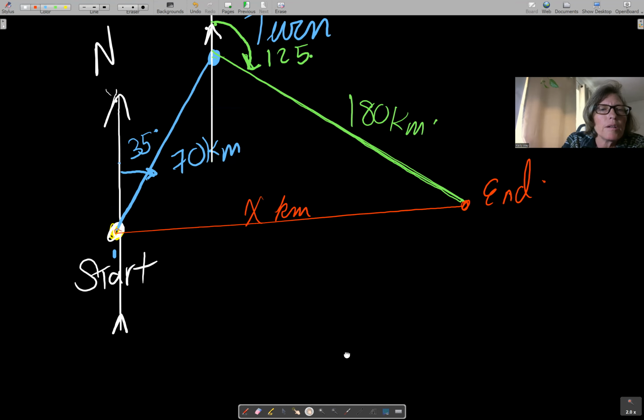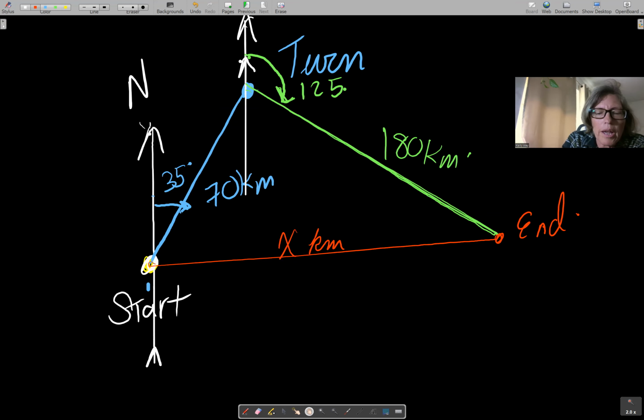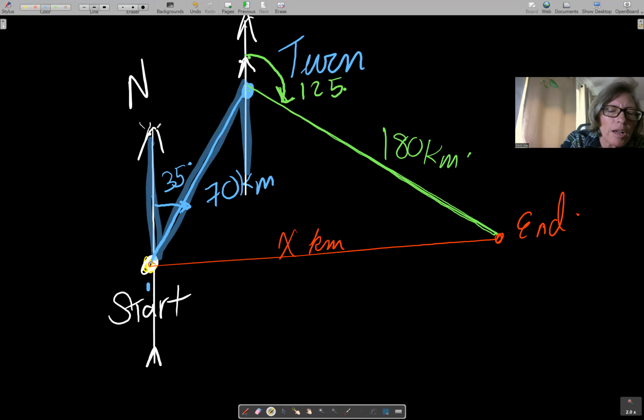So let's take a close look at what we have here. On this side, we have alternate interior angles. So boom, boom, boom. We can bring that 35 right over here. This is, of course, 180.